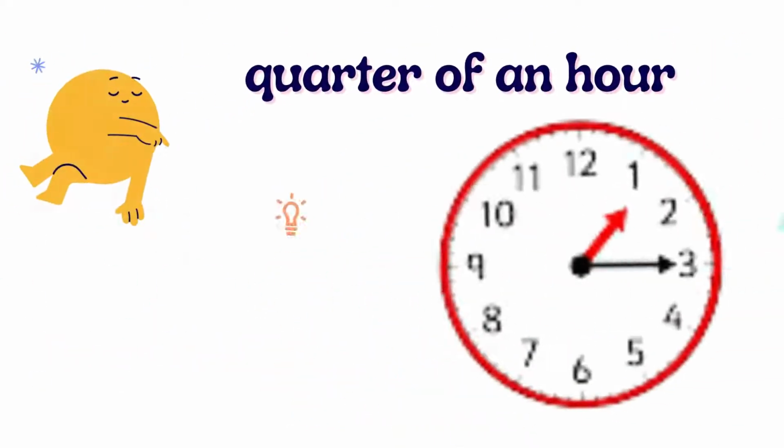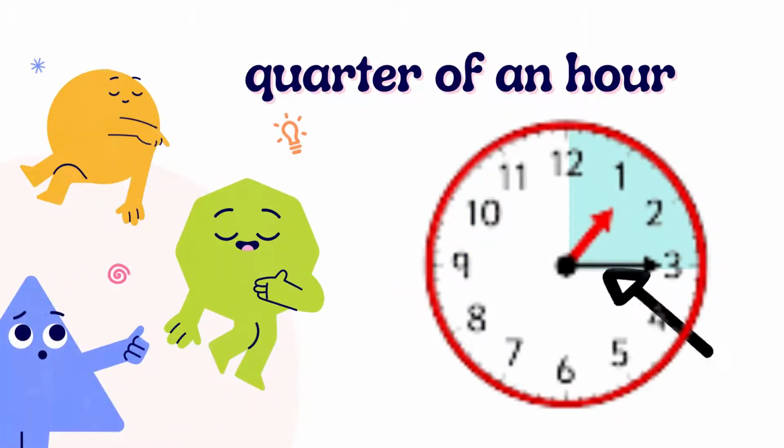Now, let's look at the shaded portion on the clock face. Now we have the shaded portion on the clock face as shown here, a quarter. So we can say the duration on the clock face now is a quarter of an hour.